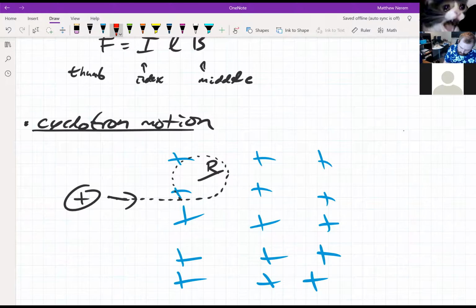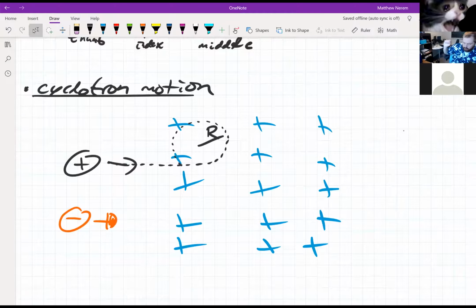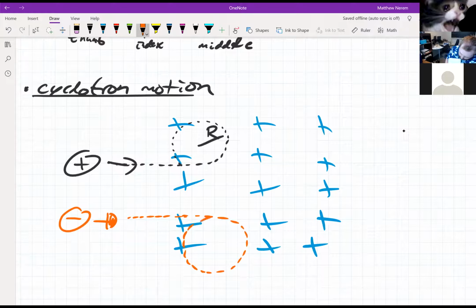If I shoot in a negative charge, velocity, direction of field, force is up. But because it's a negative charge, gotta flip things over. So this one would do something like this. And that'd be its corresponding radius.